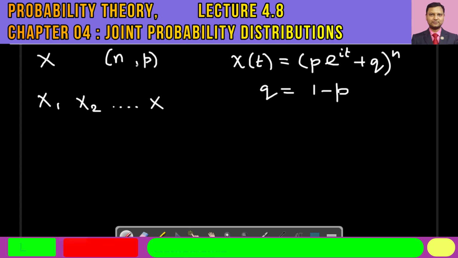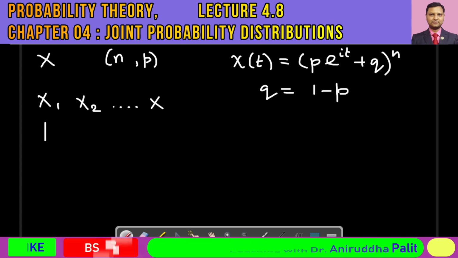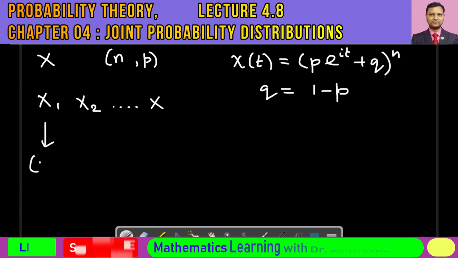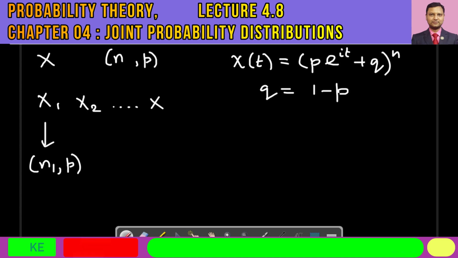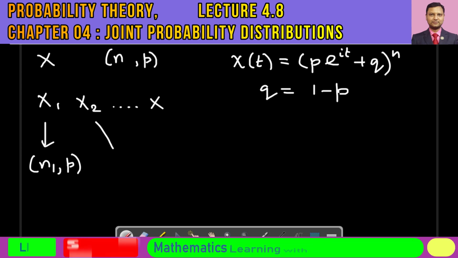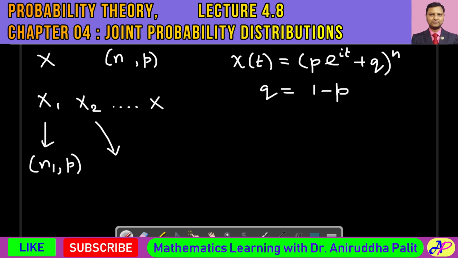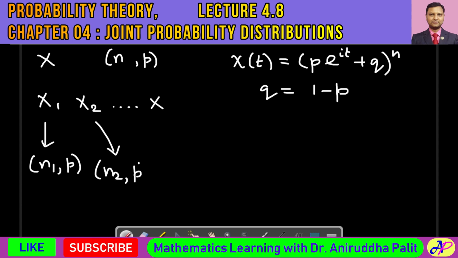Now in place of this n, if x1 is a binomial variate, then its parameters would be n1 comma p. We are just changing the number n, we are not changing the probability of success p. The parameters of x2 are n2 comma p.